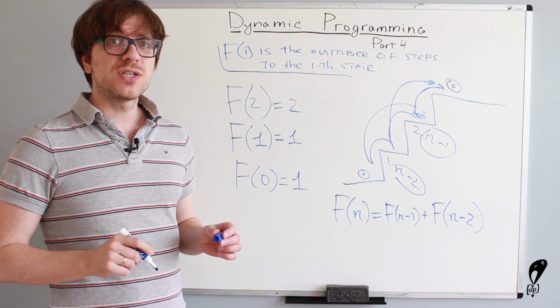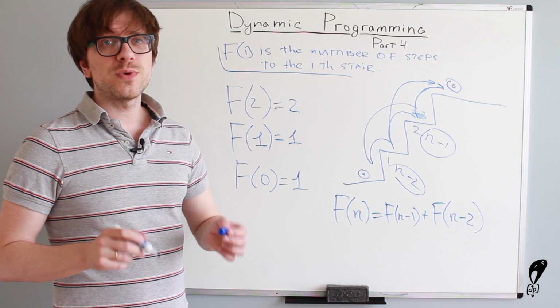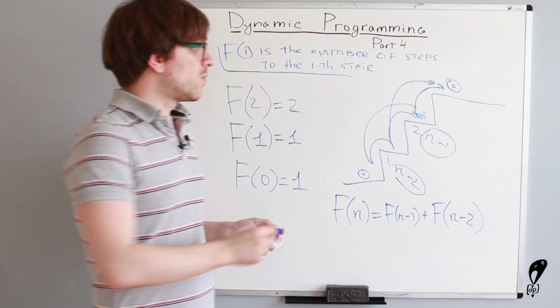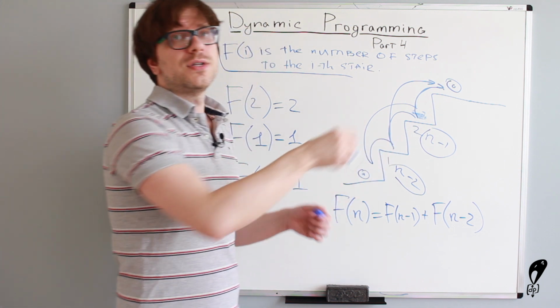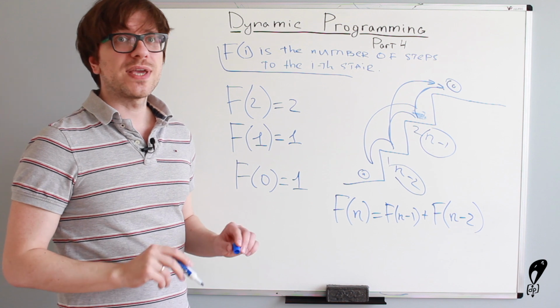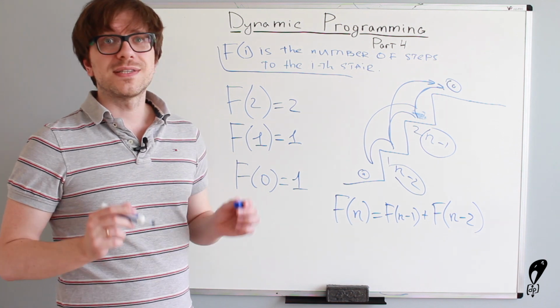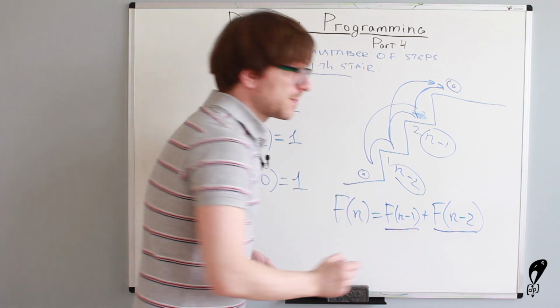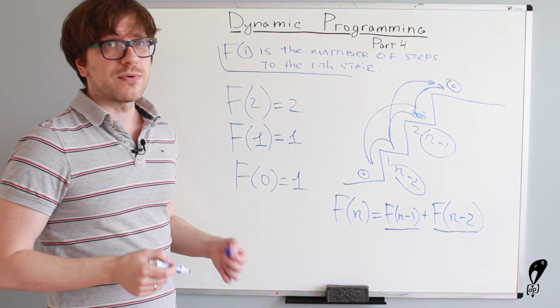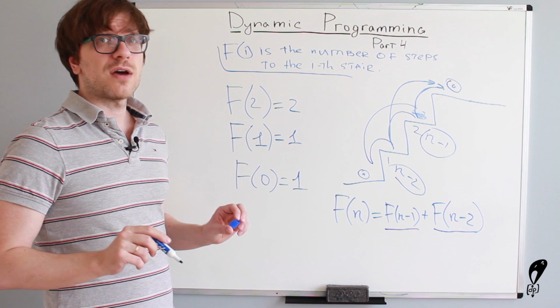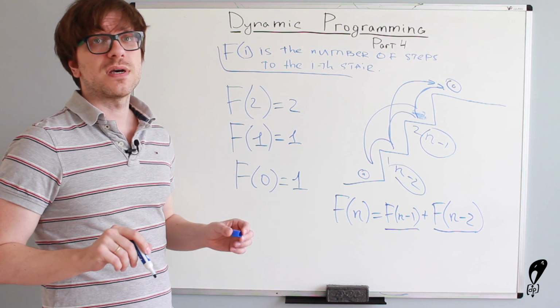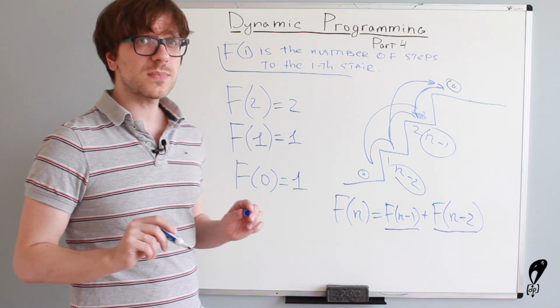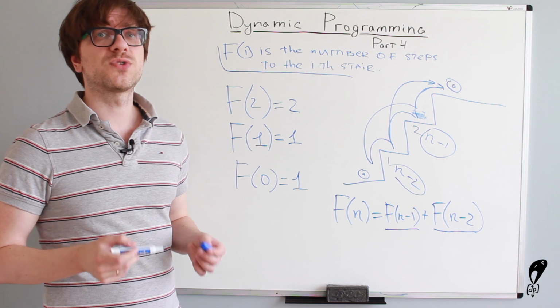In our case, we always choose either to make 1 step or 2 steps, which is why we can apply the rule of sum. We have 2 disjoint sets, and we apply the union operation here. It all comes down from the set theory. Okay, so we have the recurrence relation.